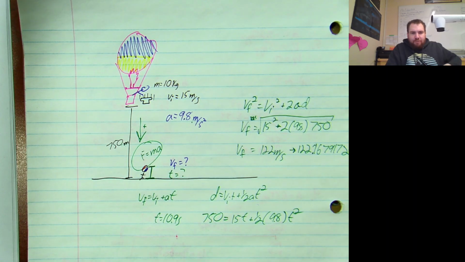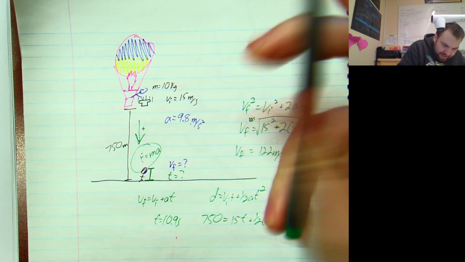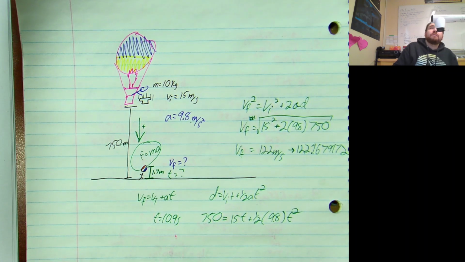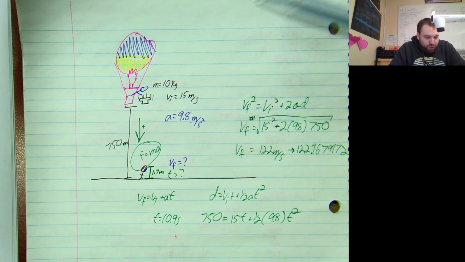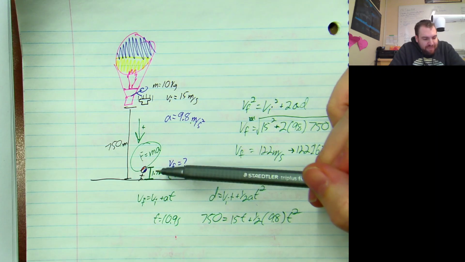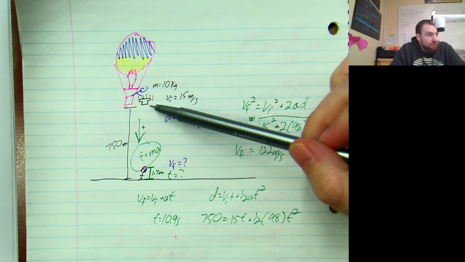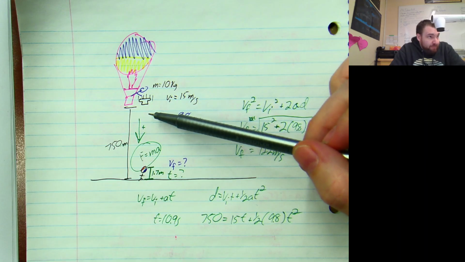Okay, so 1.7 meters is the height of this person. So we're going to assume that over the 1.7 meters, the anvil comes to a stop.